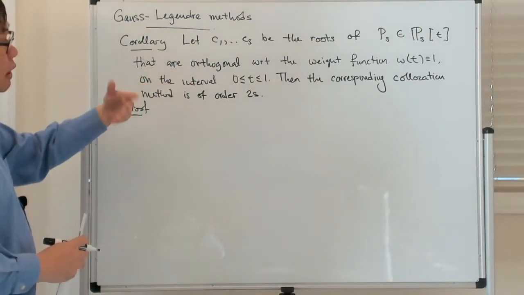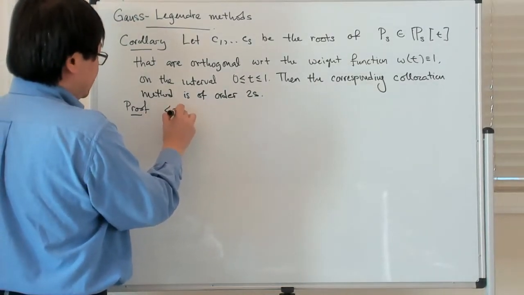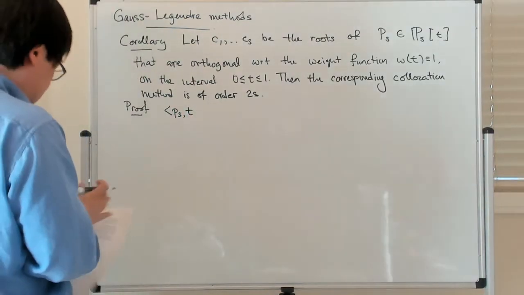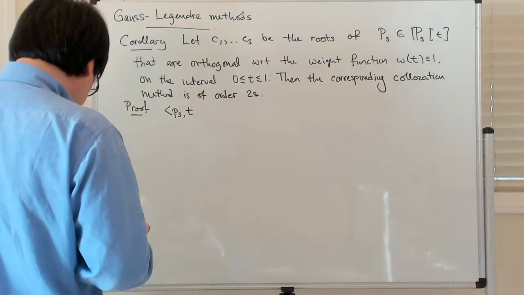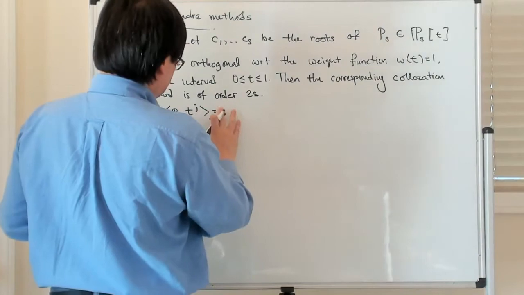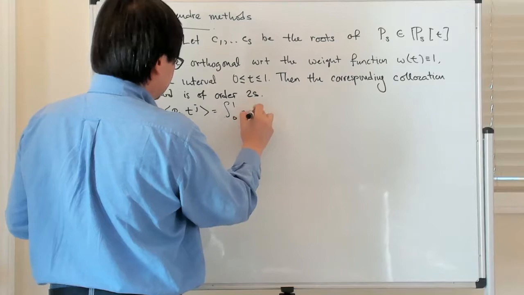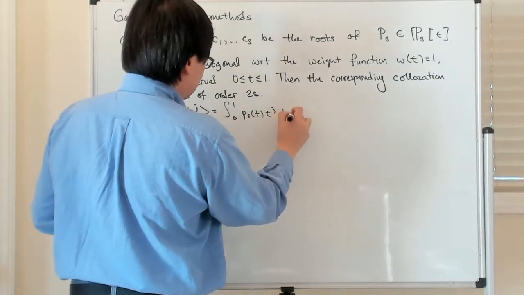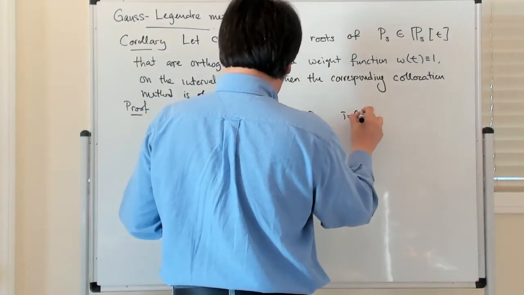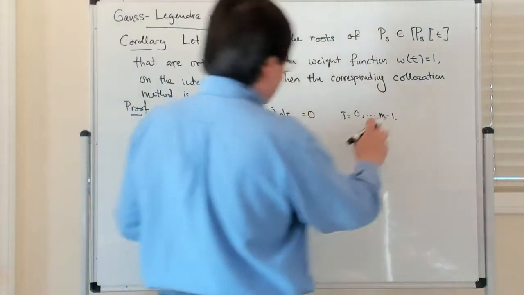because what it means for this polynomial to be orthogonal with weight 1 is basically that P_s paired with t to the j is equal to 0. Well, let me just write what that is, which is the integral from 0 to 1 of P_s t^j dt. So this is equal to 0 for j equals 0 to, actually not m minus 1, actually s minus 1.